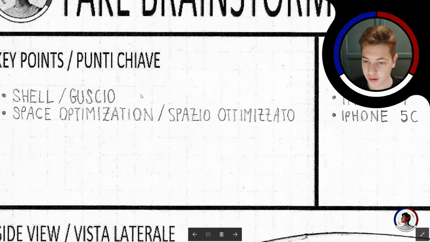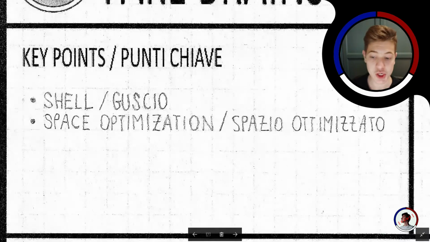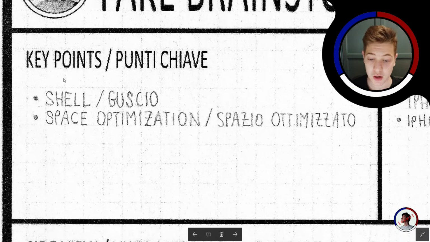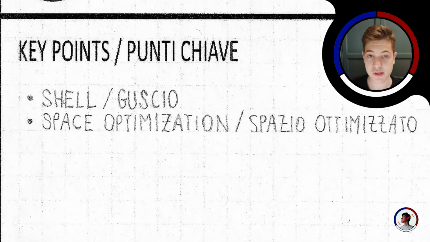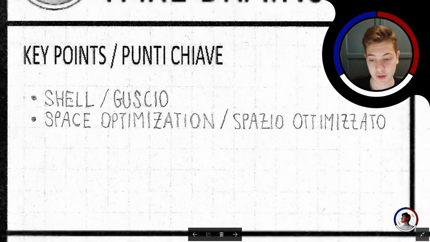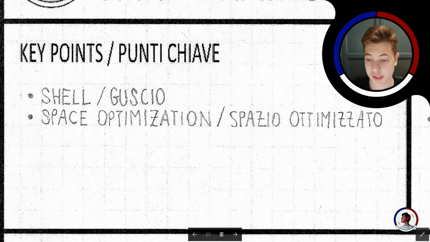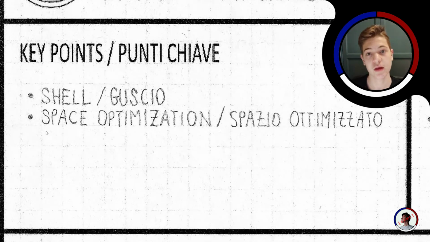So here we are. Key points: shell and space optimization. I will talk about the shell in some minutes during the time-lapse video, but now I want to say something about the space optimization key point. With space optimization, I mean that my thoughts were about designing a family car, so for this possible new Apple car.